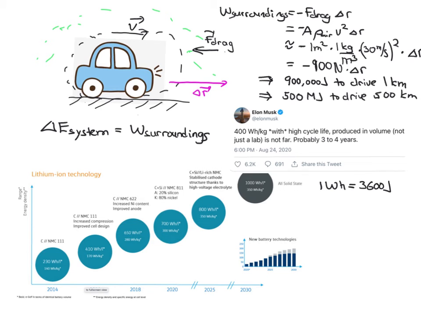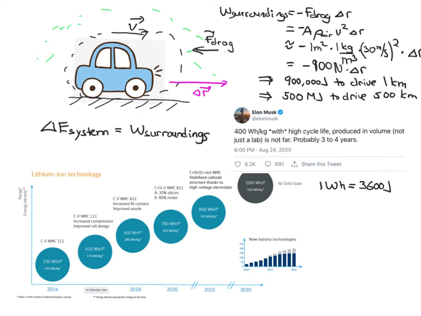The numbers going up a little bit in terms of watt hours per kilogram, and even more in terms of watt hours per liter. So that means you may not reduce the weight of the batteries all that much in the next 10 years, but you're going to pack them into a smaller volume as they improve the way the batteries are constructed.